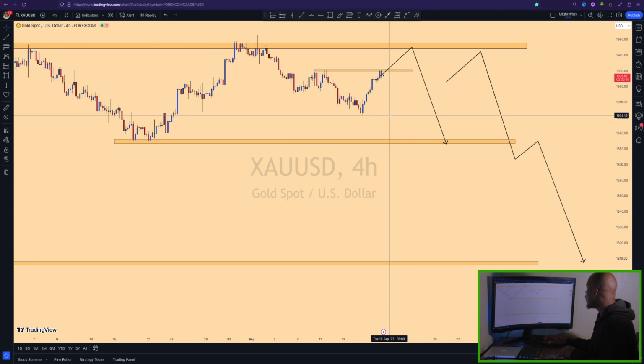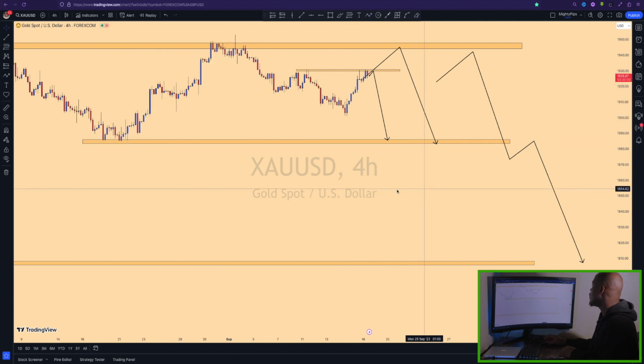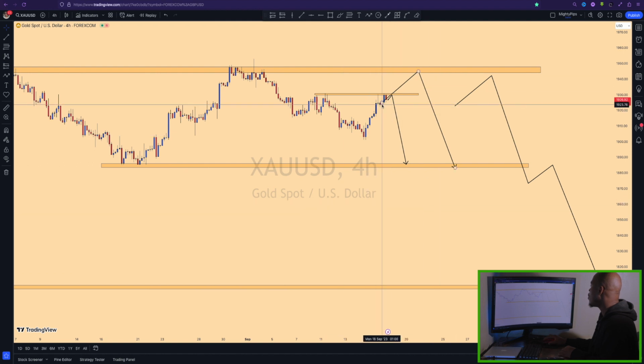So on the 4-hour chart, you can look at potentially selling gold from there to this level or to this swing low. But this level is what I expect gold to reach. Those are the swing trades for this week for gold. These are the potentials I see for gold, right?